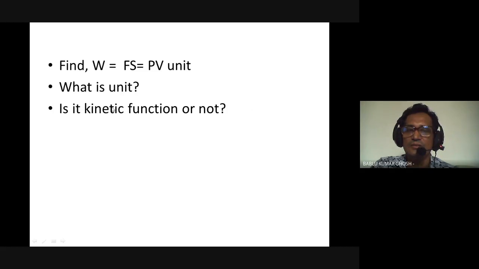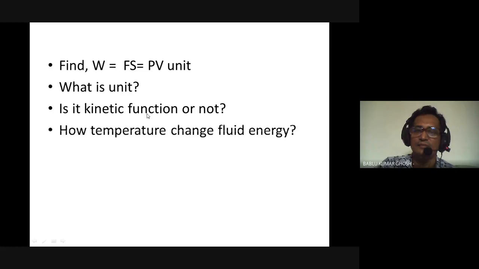I think I understand. So this is definitely kinetic energy. Then how does temperature change fluid energy? That means by application of temperature or heat, how can we change the fluid energy? Whenever we apply heat, the fluid actually becomes more volatile, with more volume.